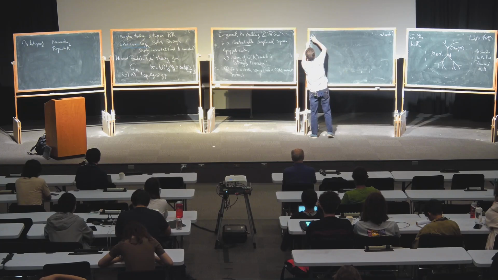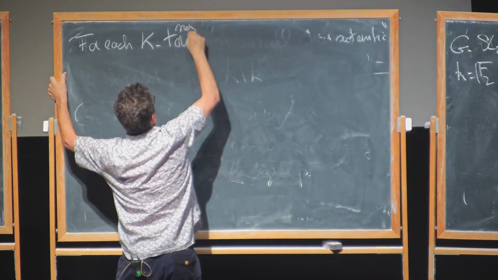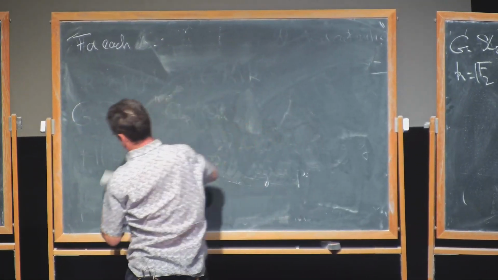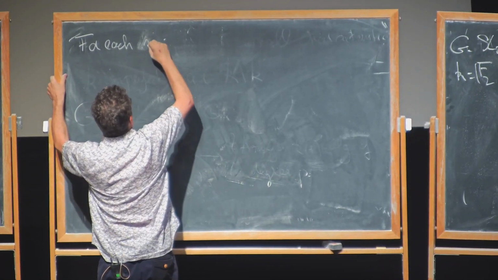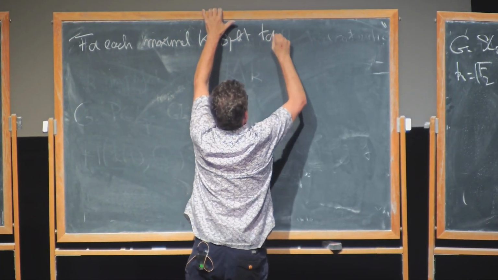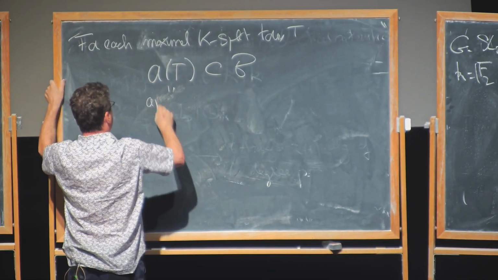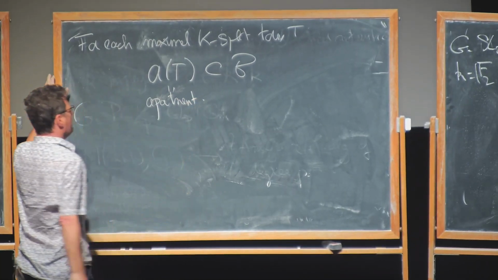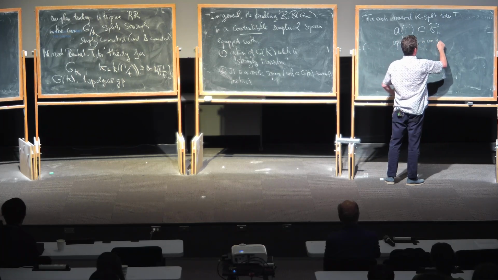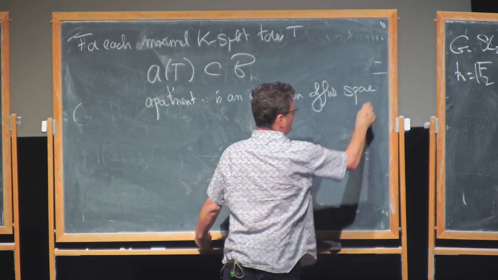For each maximal K-split torus T inside G, we have inside B the so-called apartment. And this apartment is really nice because when you look at it, it is a Euclidean affine space.